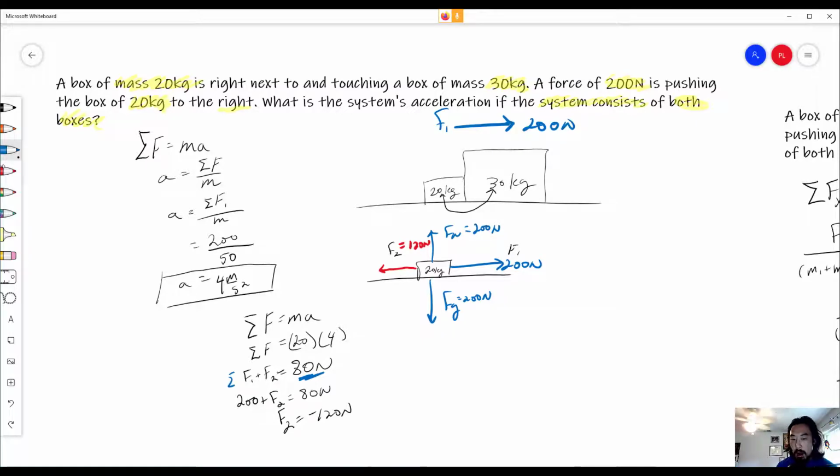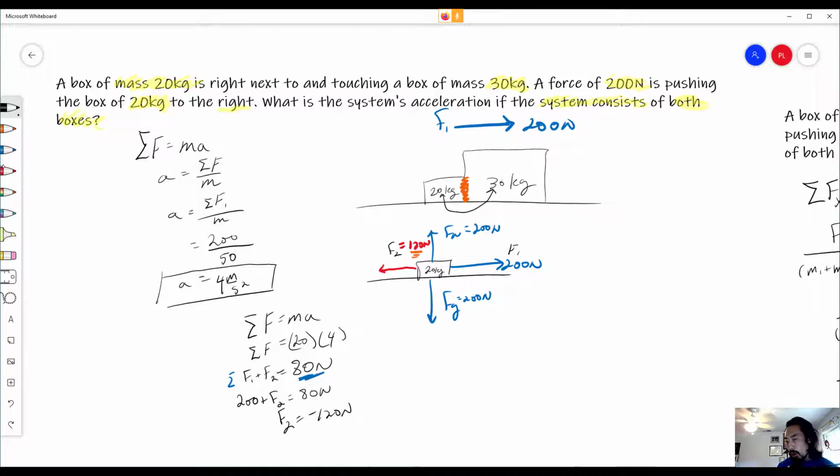Okay, so what does this mean? Where did this 120 come from? If we take a look at the diagram, we see that this 20 kilogram box is attached to and touching this 30 kilogram box. So when this 20 kilogram box is pushed into this 30 kilogram box, that's the contact point, the 30 kilogram box is pushing back with 120 newtons of force.